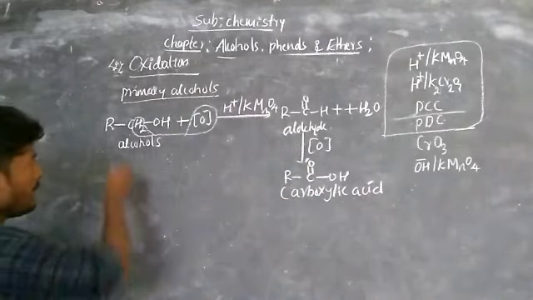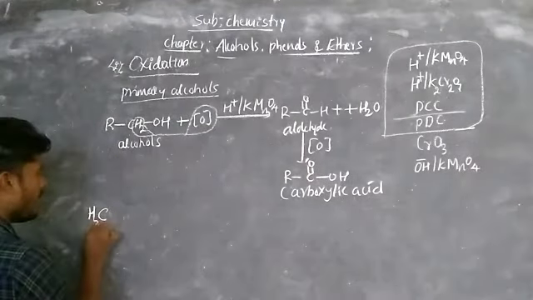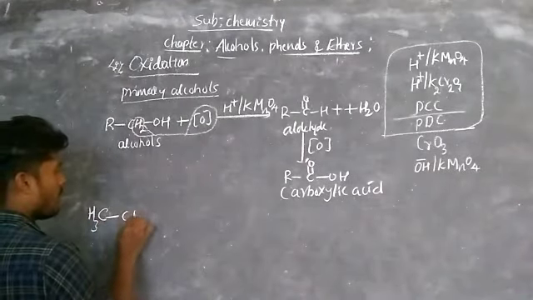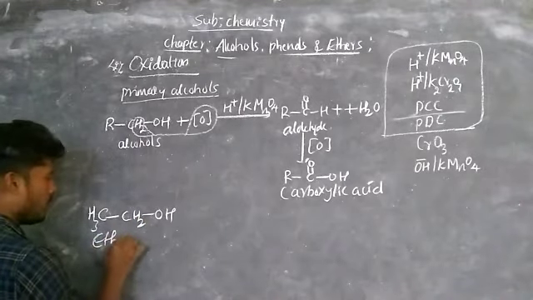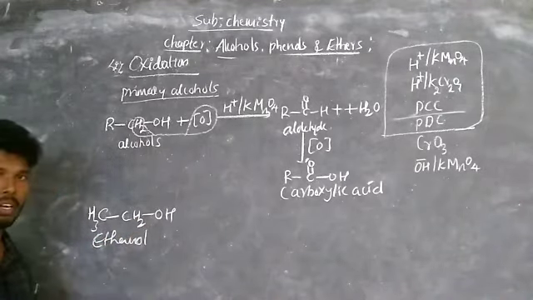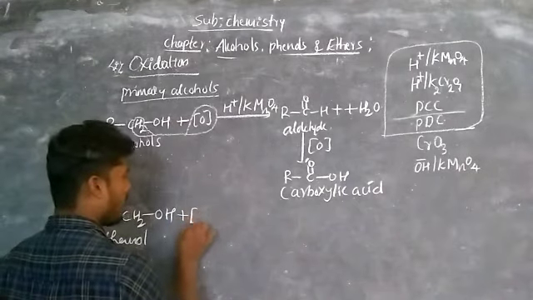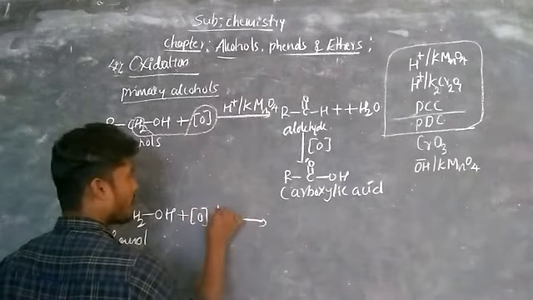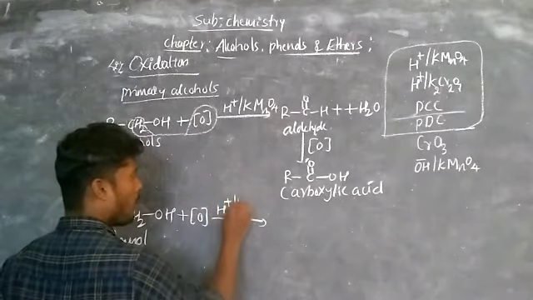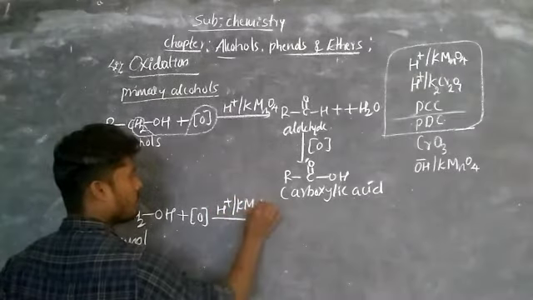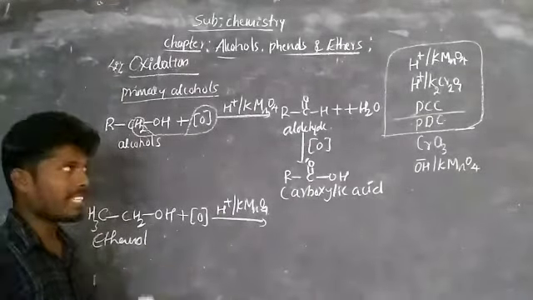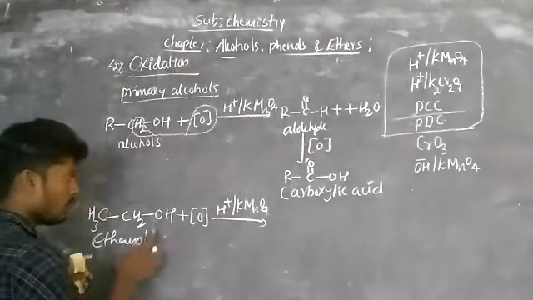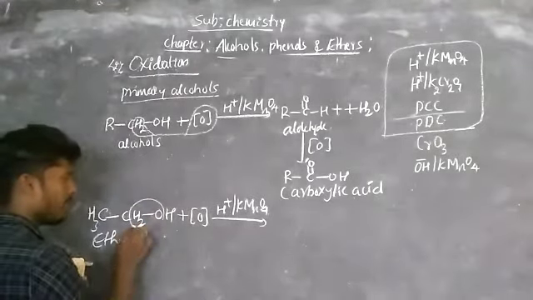Similarly, take an example, CH3-CH2-OH. We are taking ethanol. This ethanol is oxidized in the presence of acidified potassium permanganate, KMnO4, that is acidic condition, H+ means acid. You can write sulfuric acid. Now this hydrogen and this oxygen become water.